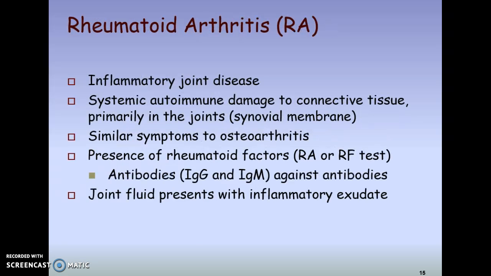So, with rheumatoid arthritis, or sometimes just referred to as RA, and osteoarthritis is sometimes referred to just as OA, this is inflammation that, even though you may feel it systemically, is going to be based in the joint. You have systemic autoimmune damage to connective tissues, and primarily you see that in the joints with the synovial membrane being destroyed.